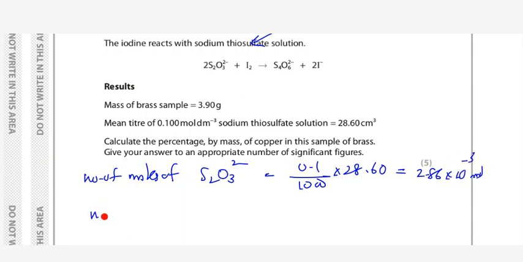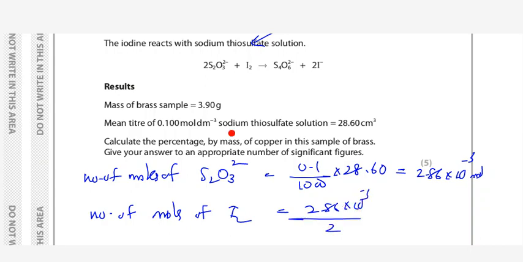Now we can find the number of moles of iodine. That will be half of this, because of the 2:1 ratio. 2.86 × 10^-3 divided by 2 is 1.43 × 10^-3 moles.